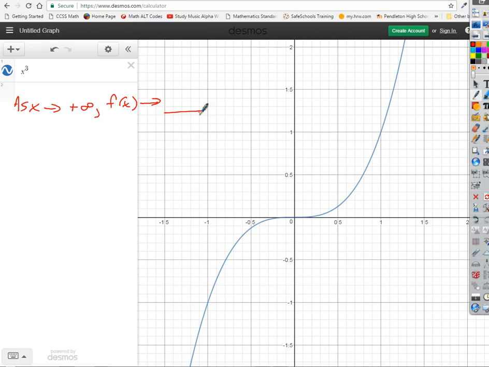Goes up, right? So we end up with the answer that f of x, or y, approaches positive infinity, and we see that from the graph. As x approaches negative infinity, f of x approaches what? Negative infinity. Yeah, it's going down, right?